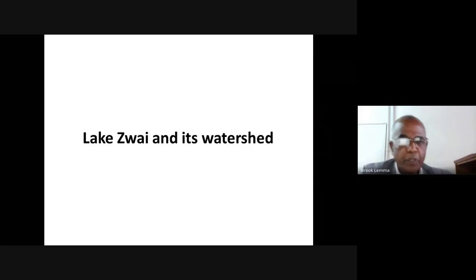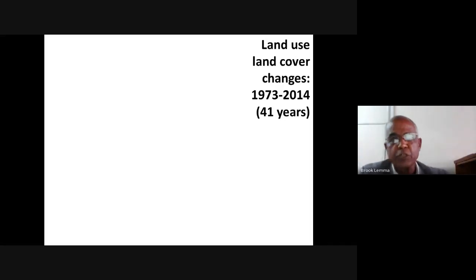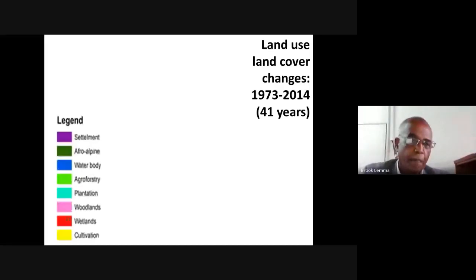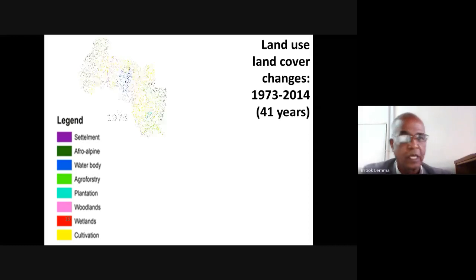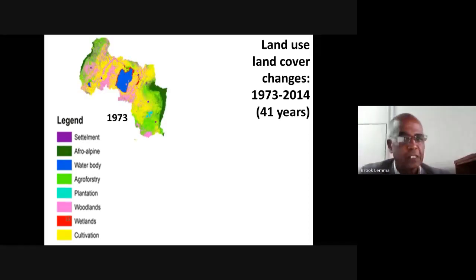In Lake Zowai, which has been studied very extensively along with its watershed, the land use and land cover pattern was studied from 1973 to 2014, a 41-year study. The major land use patterns followed up were settlement, Afro-alpine forests, and so on, listed with colors. By 1973, the land use pattern appeared this way.